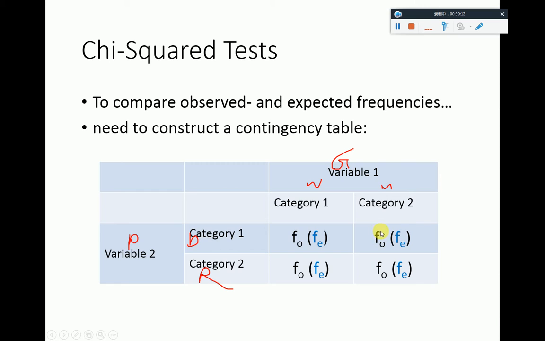We can easily observe how many male Democrats there are in the sample, and we can calculate how many male Democrats we would expect within the sample if gender and party affiliation are not related. Then we can compare the difference between these two frequencies, and we repeat the procedure for female Republicans and male Republicans.